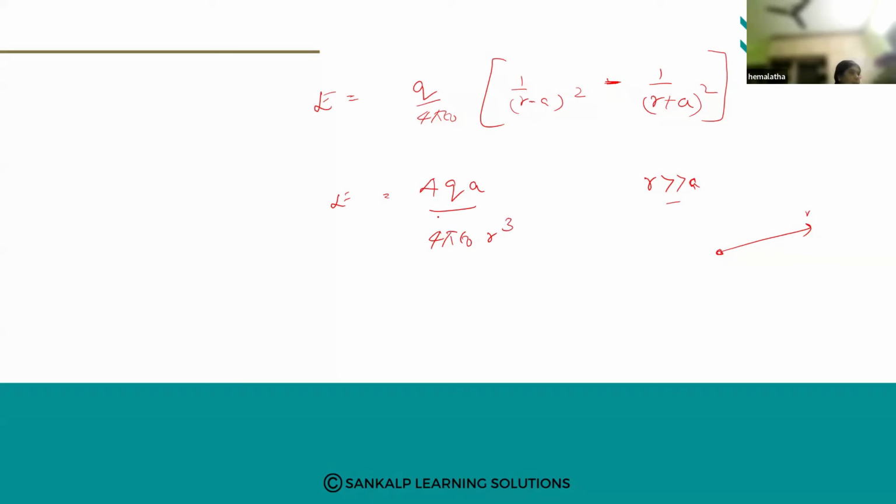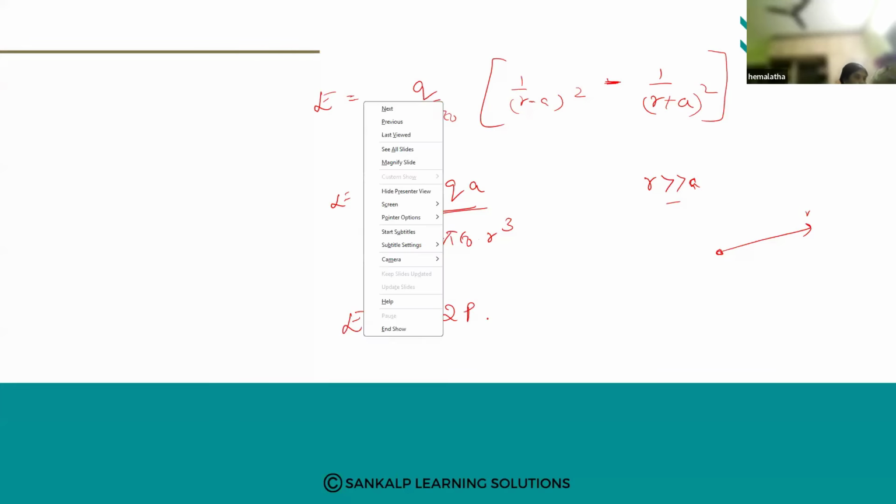Taking this for all directions, cos theta also comes in. Finally, you will get E is equal to 2 times p, that is the dipole moment, divided by 4 pi epsilon naught r cube.